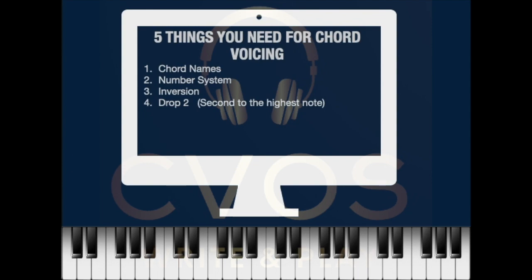If you do your first inversion, which is the 3, 5, 1, you take the 5, which is the G, you take it to your left hand. Okay, so these are things you can use to make movements or passing chords. You see, without even playing the keyboard, we are already creating chord voicing.